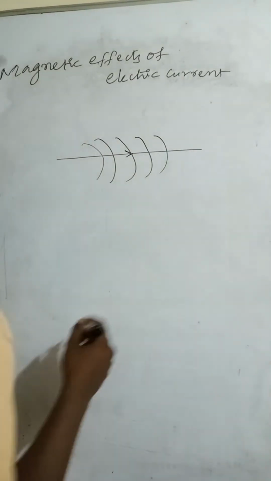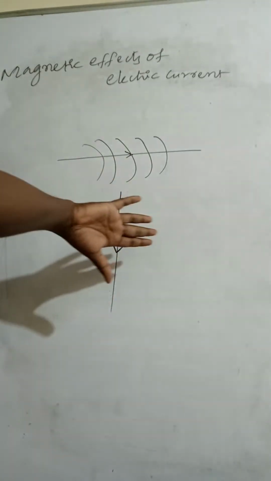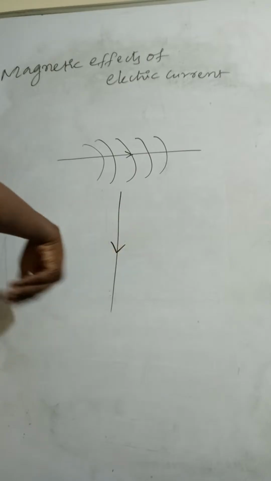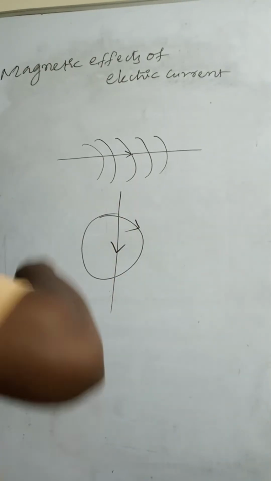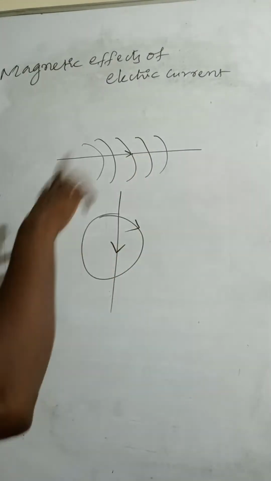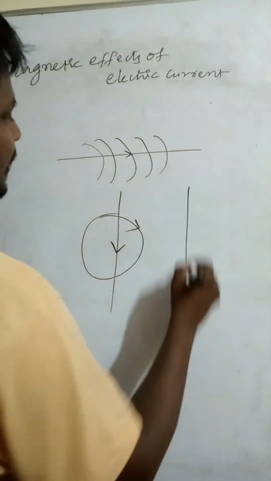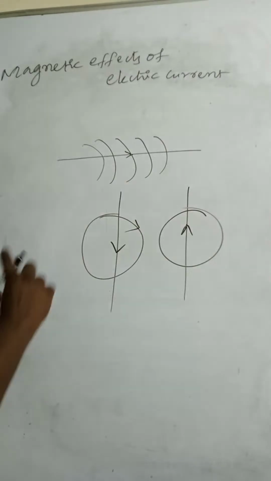So this is the current carrying conductor. If the current is moving downward direction, the magnetic field will be clockwise direction. If the current is passing upward direction, the magnetic field will be anti-clockwise direction.